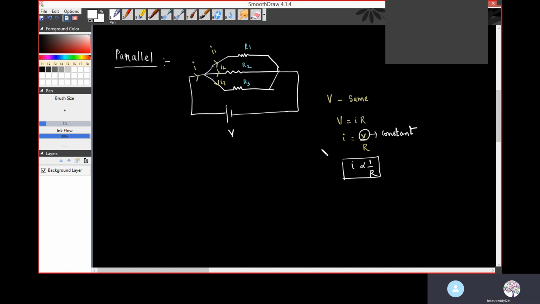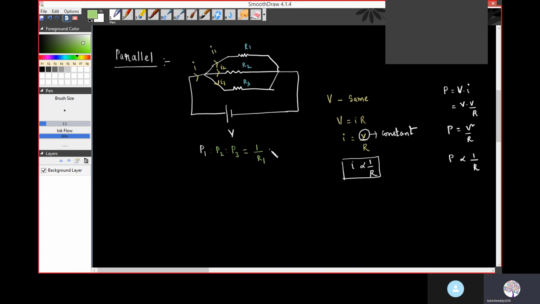And power, when you write power P is equal to I square R, or V into I, and I is equal to V by R, so that is equal to V square by R. Here V is constant, so P is inversely proportional to R. So P1 is to P2 is to P3, the ratio of powers, is in the inverse ratio of the resistances.